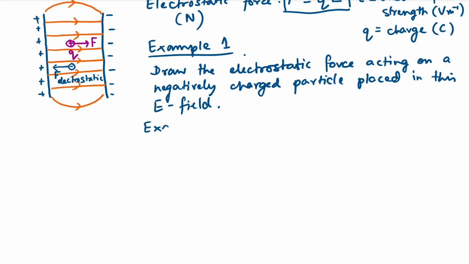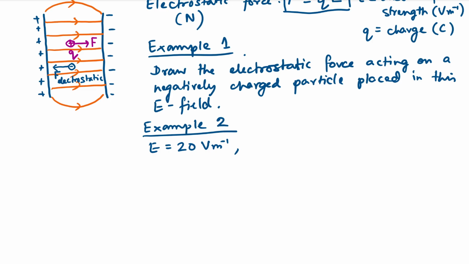Now you can get questions where you might have to calculate that force, or you might have to use the formula F equals QE to calculate the charge or the electric field strength. So I'll take a simple example where I know the electric field strength set up by the charges on the plates is, let's say, 20 volts per meter.